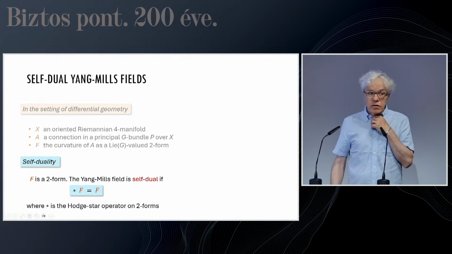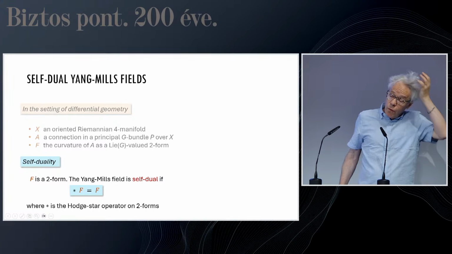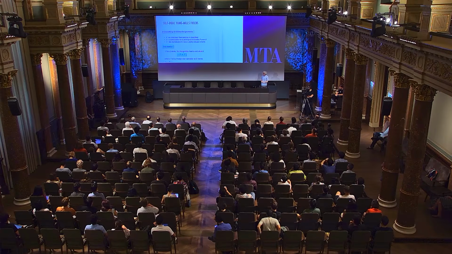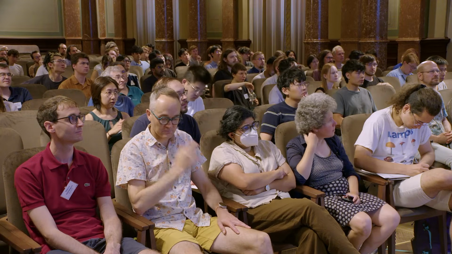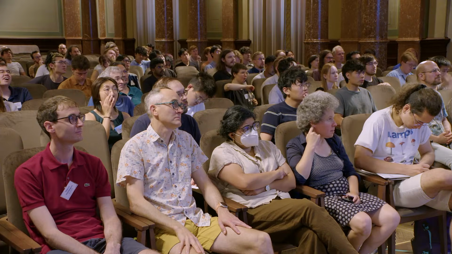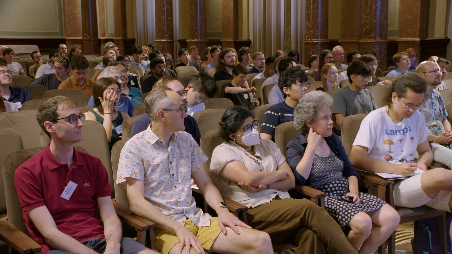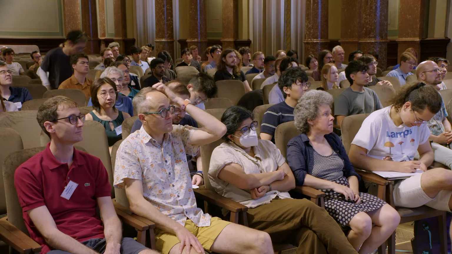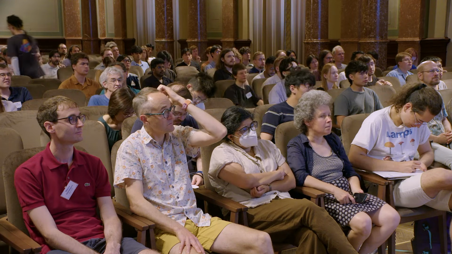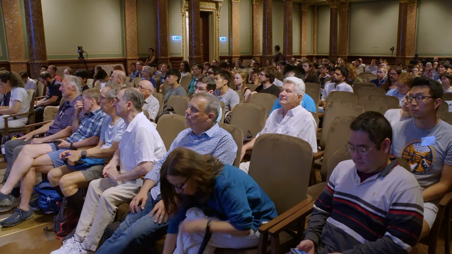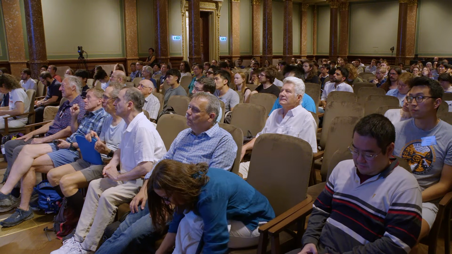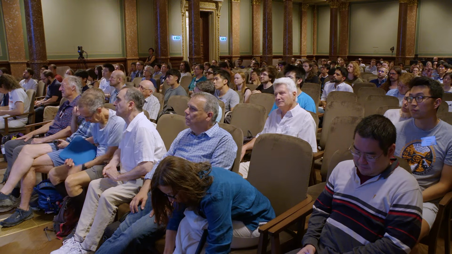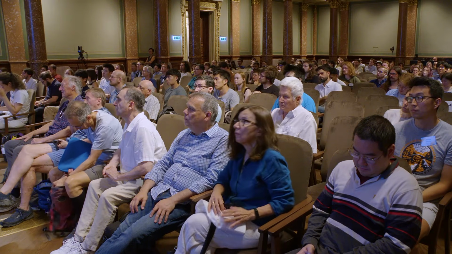But returning to differential geometry, as a two-form, there's an operator which we can make act on the curvature. This is the Hodge star operator. It maps two-forms to two-forms. And we say that the Yang-Mills field is self-dual if star F is equal to F. As an equation for F, this is just a simple linear constraint, but it's A, the connection, that we should think of this as an equation for. And F, in terms of A, involves the derivatives of A and a quadratic term.